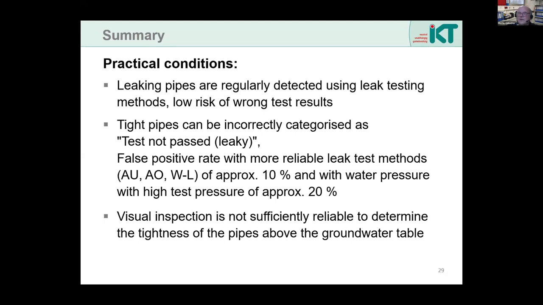You have a wrong test result rate of even 10 to 20%. And so it can happen that a repair is done nevertheless, it's not necessary. And the visual inspection is only good to have a look at the condition in the pipe and to choose a certain repair or renovation method.